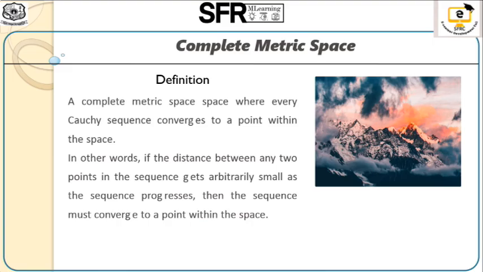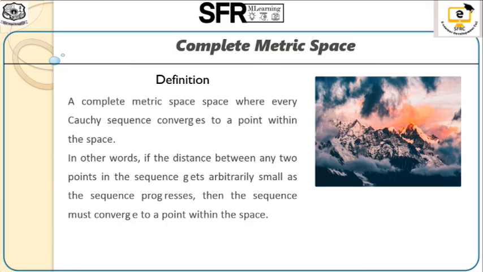A metric space is a non-empty set satisfying 4 conditions with the corresponding metric D. The first one is D of x comma y is greater than or equal to 0, and D of x comma y equal to 0 only if x is equal to y. The third condition is D of x comma y must be equal to D of y comma x, and finally it must satisfy the triangle inequality, that is D of x comma z is less than or equal to D of x comma y plus D of y comma z.